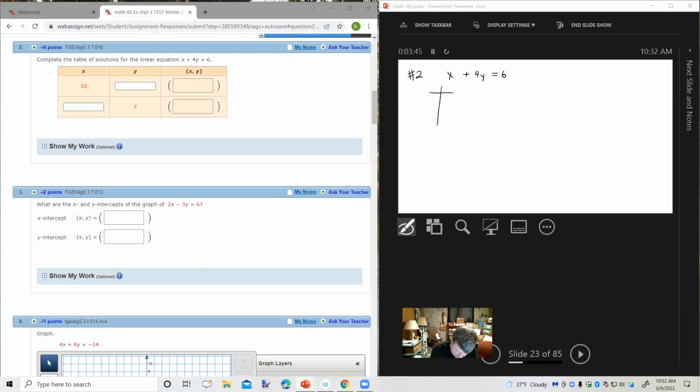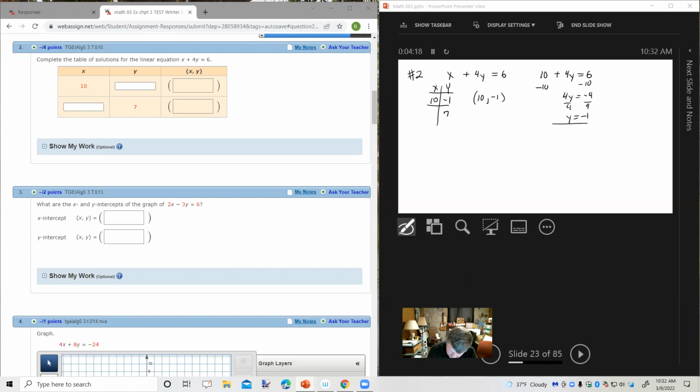All right, so if x is 10, 10 plus 4y equals 6. Subtracting 10 from both sides, 4y equals -4. Divide both sides by 4, y equals -1. So the ordered pair would be (10, -1).